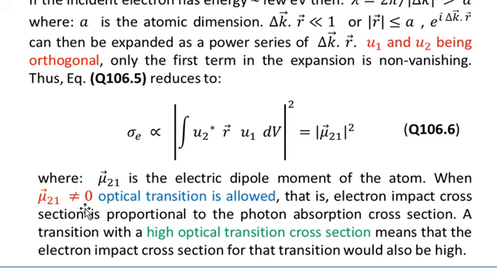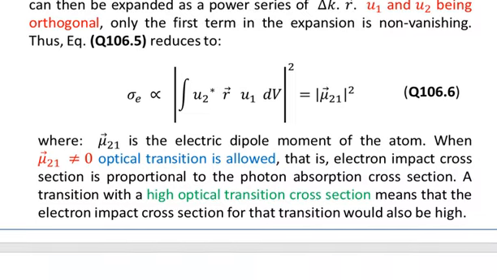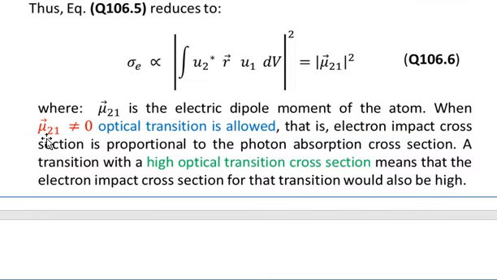When mu 2 1 is not equal to 0, it means that the optical transition is allowed, because the non-zero value of mu 2 1 represents that the optical transition is allowed. That is, the electron impact cross section is proportional to the photon absorption cross section.